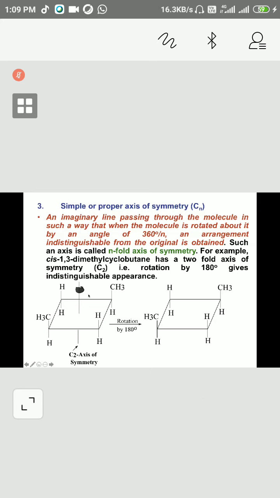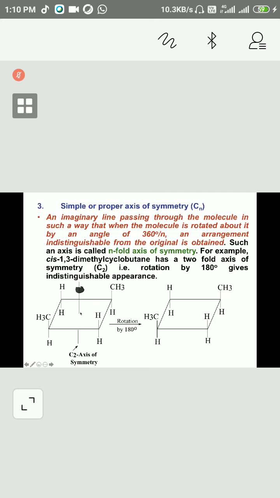In cis-1,3-dimethyl cyclobutane, both CH3 groups are on the same side, that's why it is cis. This is that imaginary line. If you rotate by 90 degrees from here, then this will come exactly where this was. The total angle is 360.